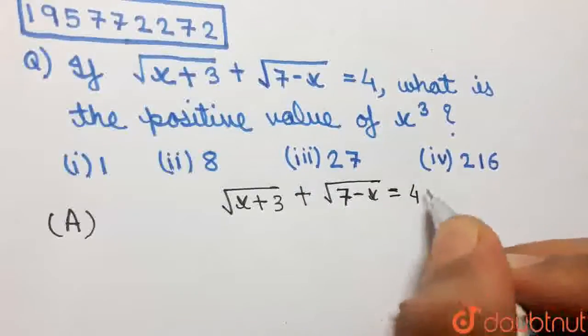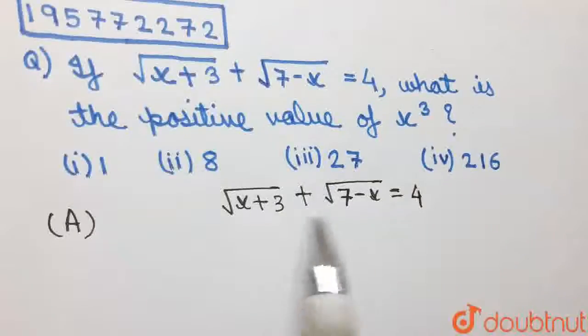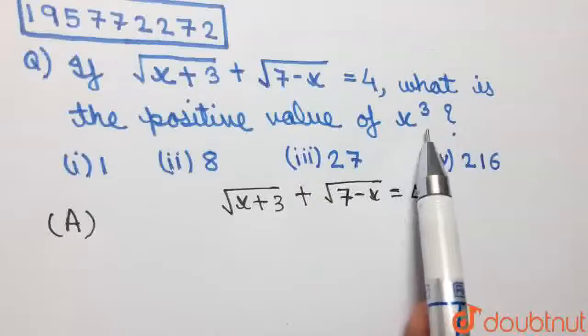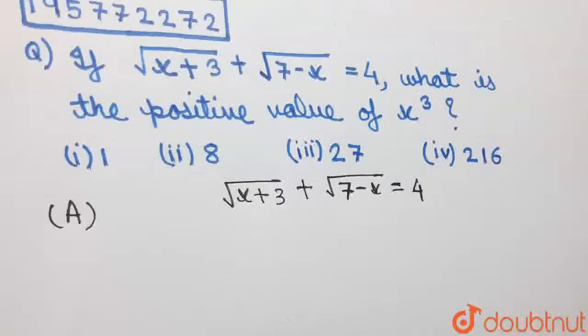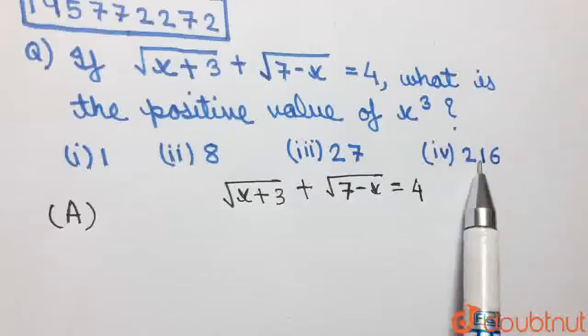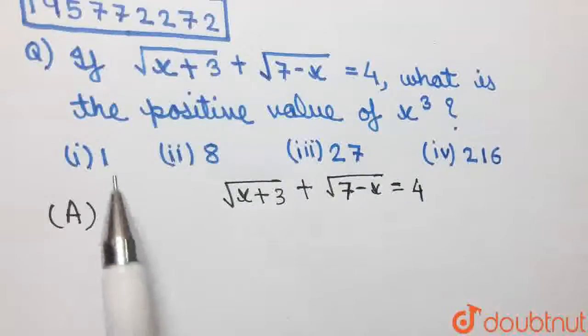And we have been asked which of these 4 options could be the value of x cube. In this question, it would be easier if we check all these 4 options one by one, because we can observe that the 4 numbers given in the options are all perfect cubes.